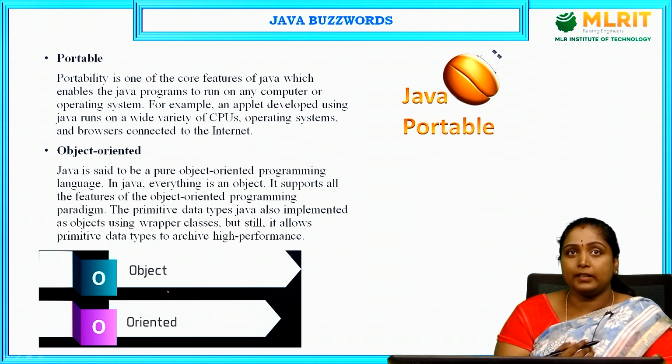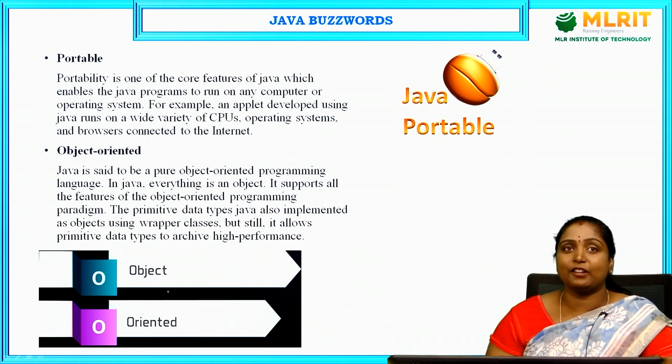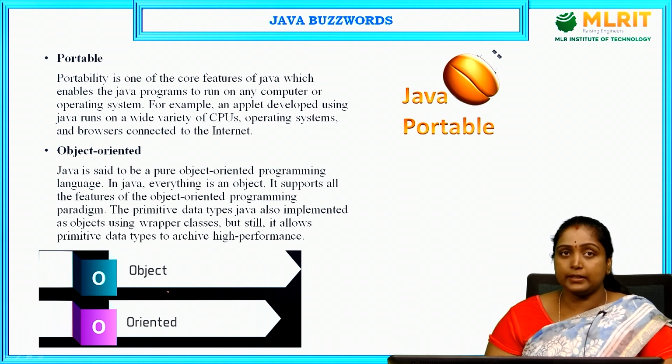Why do we say Java is portable? Whenever you write a Java program once, it can be carried to another system with a different operating system, and whatever program you have written will be accessible on other systems also.